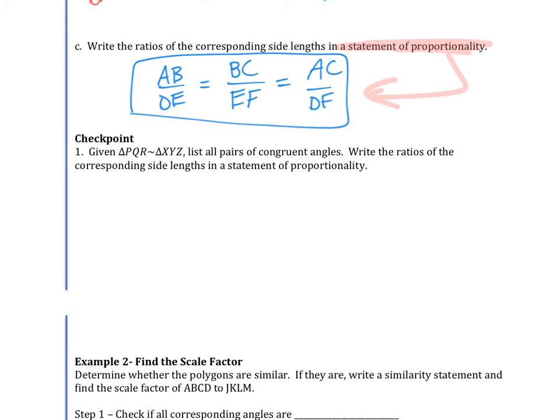Okay, checkpoint. Given triangle PQR is similar to triangle XYZ, list all the pairs of congruent angles and write the ratios of the corresponding side lengths in the statement of proportionality. So let's start with the angles. Angle P will be congruent to angle X because they both come first.